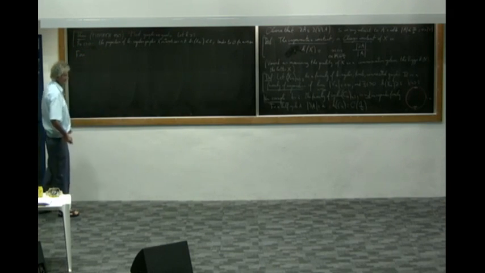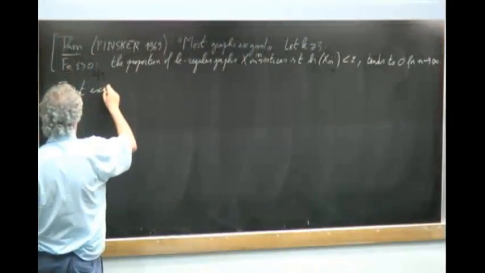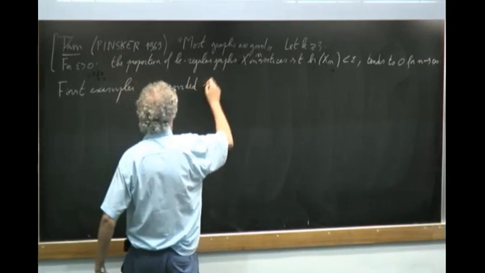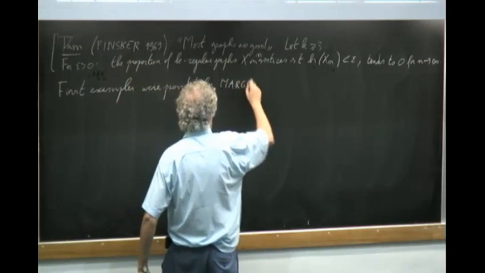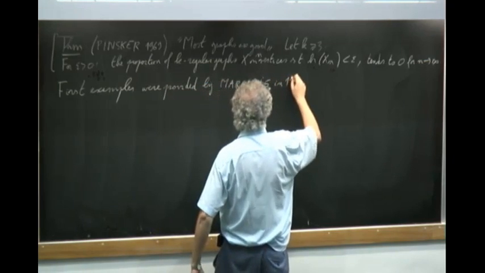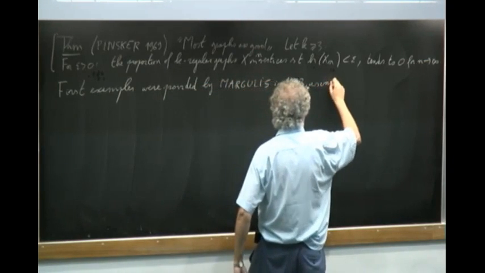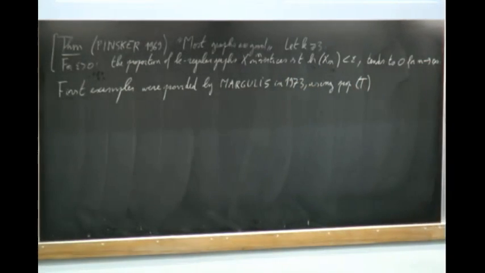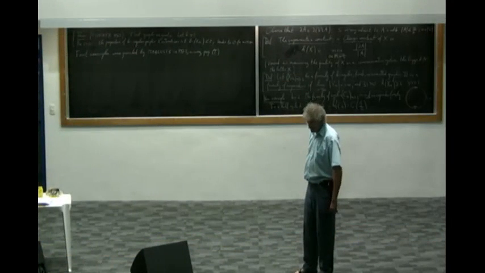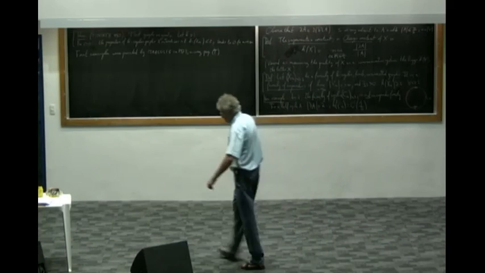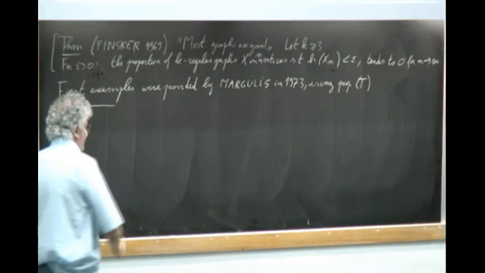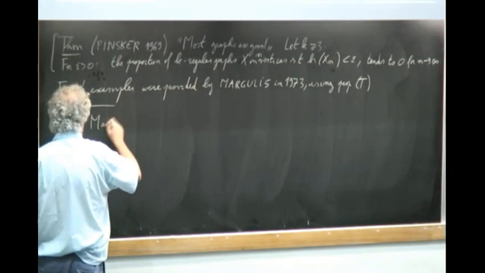They really want explicit examples, and the first explicit examples were provided by Margulis in 1973, using property T. You must know that in the good old times of the USSR, Margulis was working in an institute for communication theory. So what is Margulis's construction?